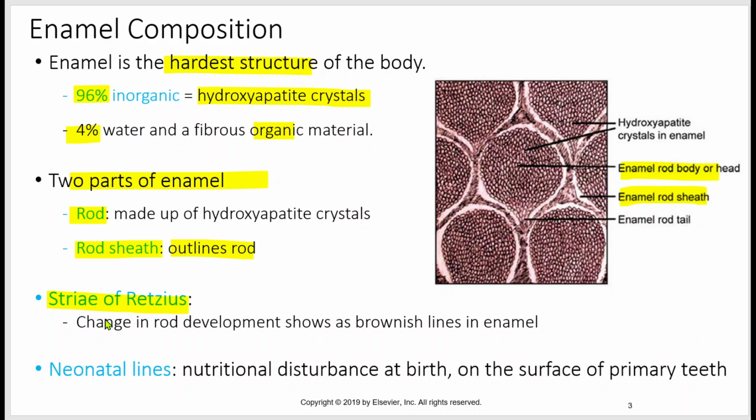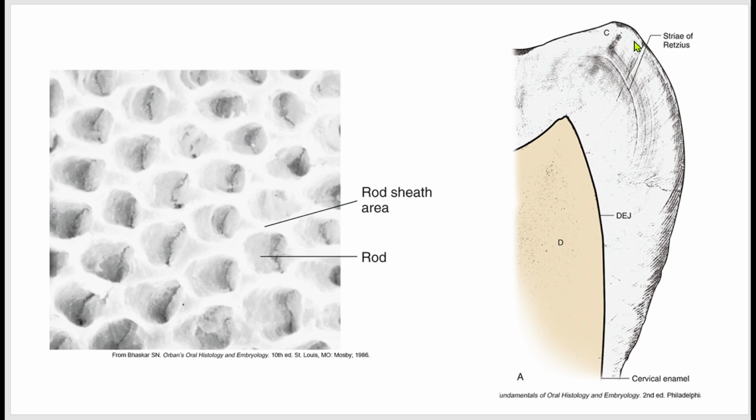These are just, again, change in the rod development that will show as brownish lines in the enamel, as you can see here. These are the striae of Retzius. And this is just, again, under the microscope, you can see the enamel rod and the rod sheath areas.